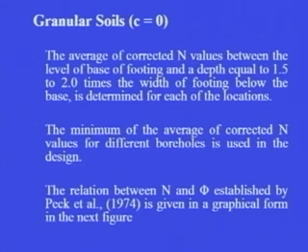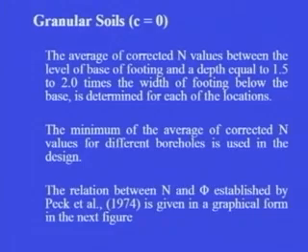The minimum of the average of corrected N values for different boreholes is used in the design. In a particular project, depending upon the requirement, at least 4 or 5 boreholes are normally conducted, and the average corrected values are determined for a depth equal to 1.5 to 2 times the width of the footing below the base, and the minimum of the average corrected N value is used in the design.